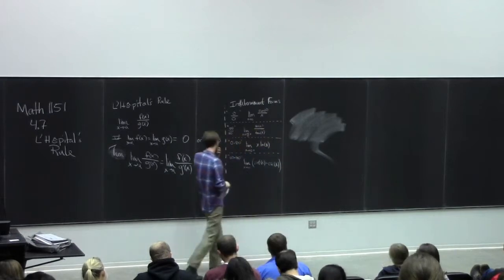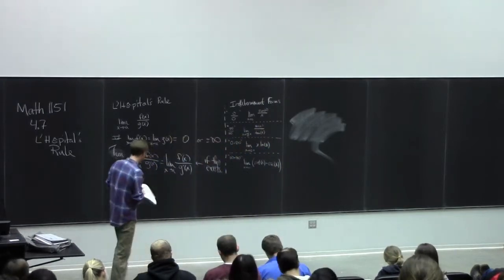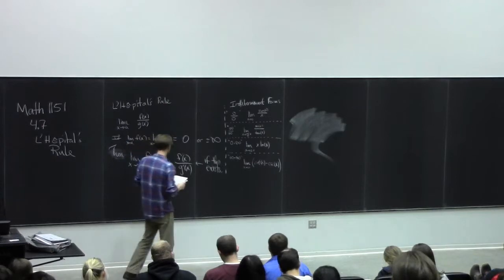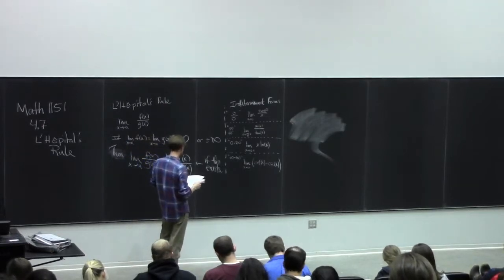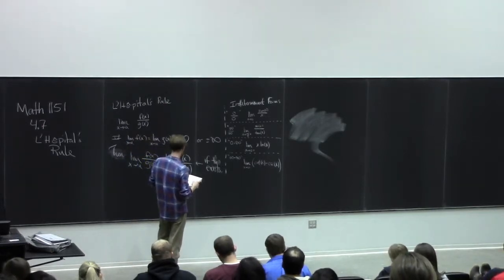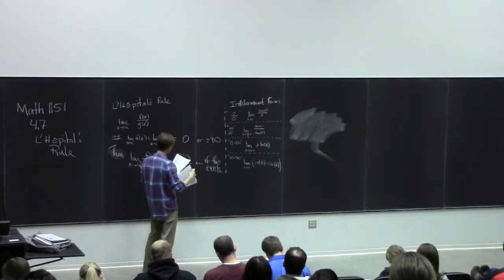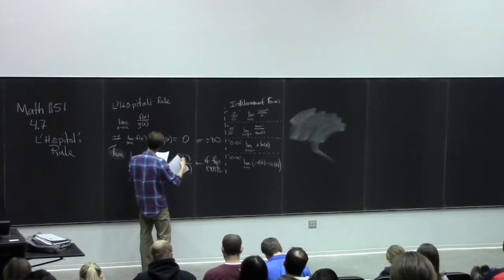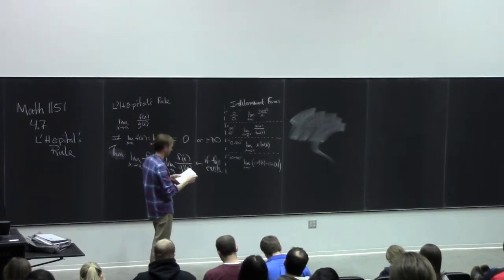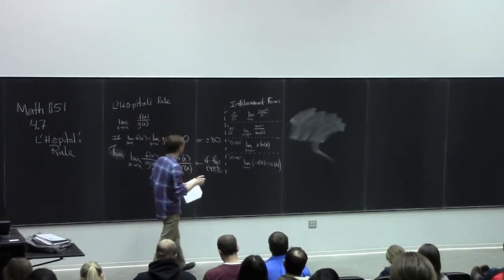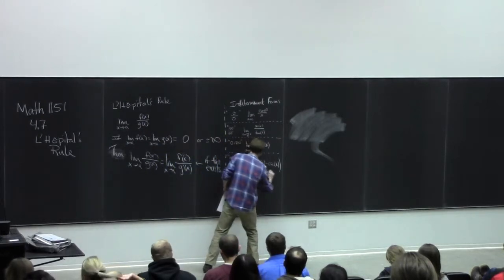Okay, so now we got that. Oh, that's not so bad. Okay, that's infinity minus infinity. Looking good. Do we have any more? Oh, yes. There are between 1 and 4 more.